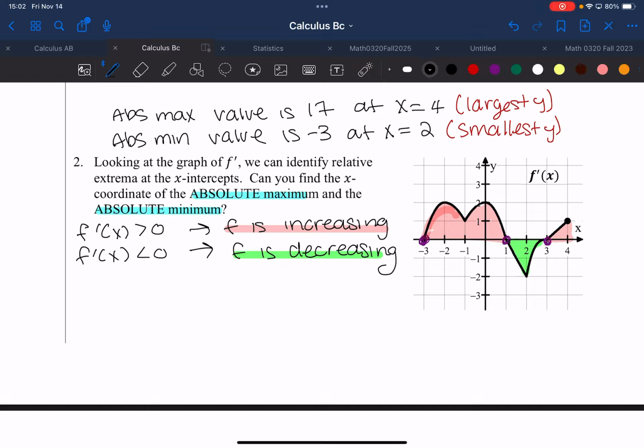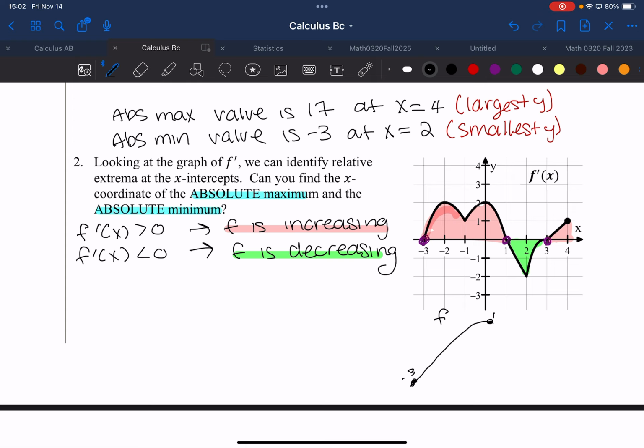So if I was to draw what the function f looks like from the interval -3 to 1, I just said that this is rapidly increasing. So I'm going to have something that starts here at -3, rapidly increases all the way until I get to 1.